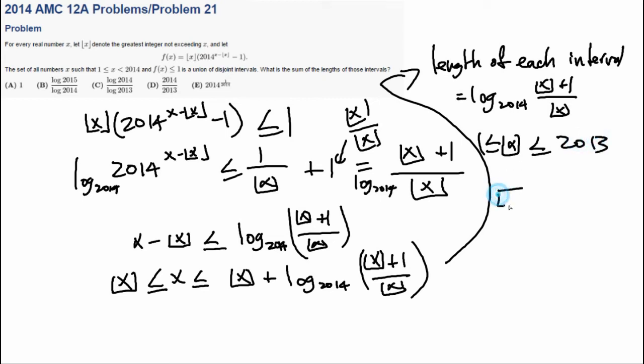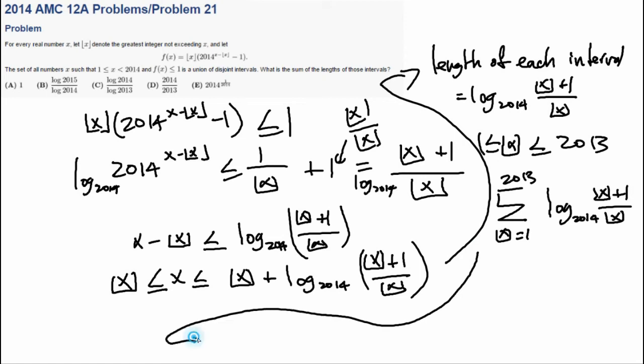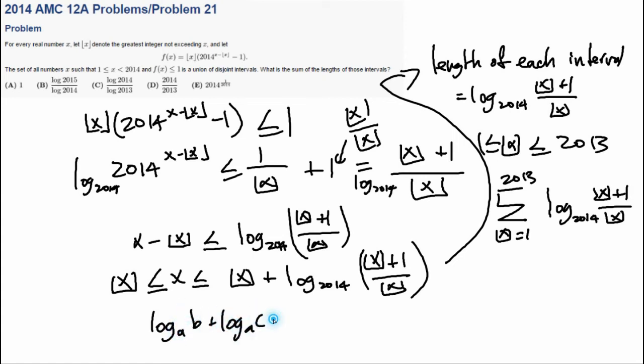So essentially the question becomes the sum from 1 to 2013 of these logs. Okay, that seems still pretty hard, but at least we simplified it down. But you notice, here's a cool trick about logs: if you have log base a of b plus log base a of c, and you add them together, you get log base a of bc.